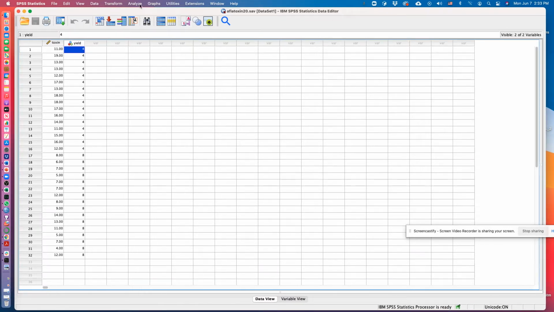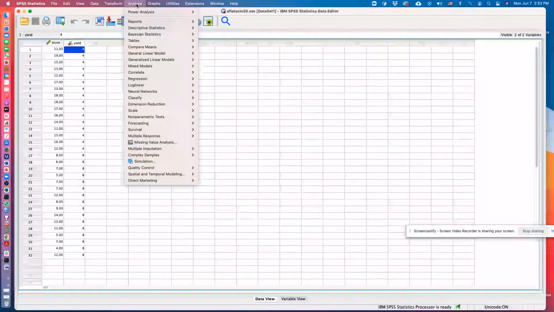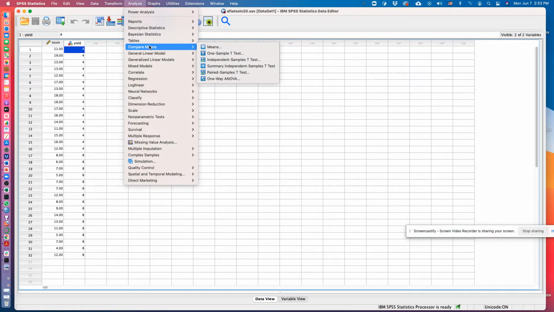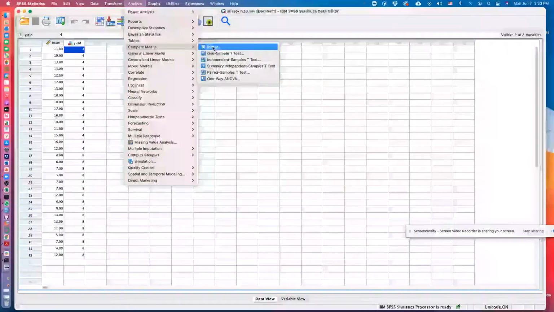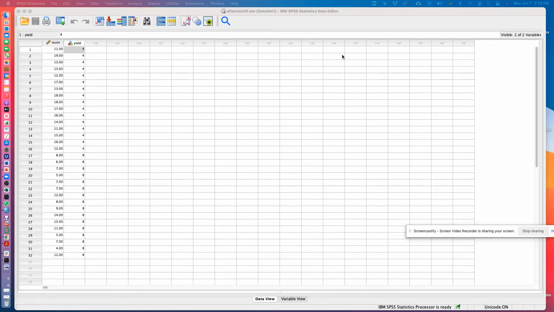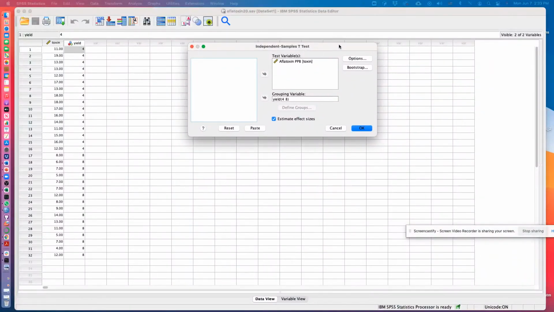So always, you have to go to analyze, and then you will check comparison of means, because that's what a t-test is. A t-test is always the comparison of two means. And we're doing an independent sample t-test. So here we have our values that we're going to be finding the mean of and comparing.